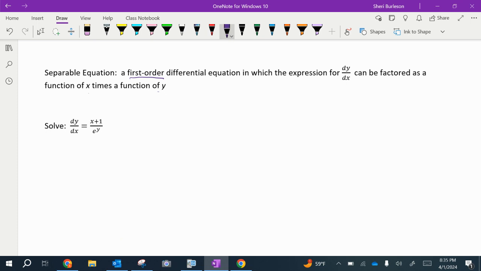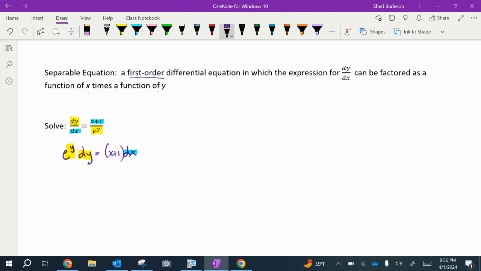So if I multiply both sides by e to the y and multiply both sides by the dx, I end up with e to the y times dy, and then the x plus 1 times the dx.